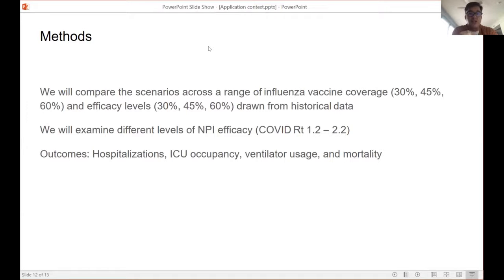So this is looking at both lower and higher rates, and then different levels of efficacy that have been drawn from historic data on previous flu vaccinations. We'll examine different levels of NPI efficacy, ranging from an effective R as poor as 2.2 to as successful as 1.2. And again, with the following outcomes that I mentioned earlier.